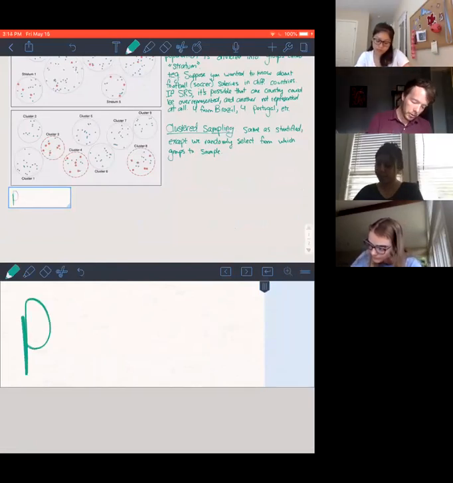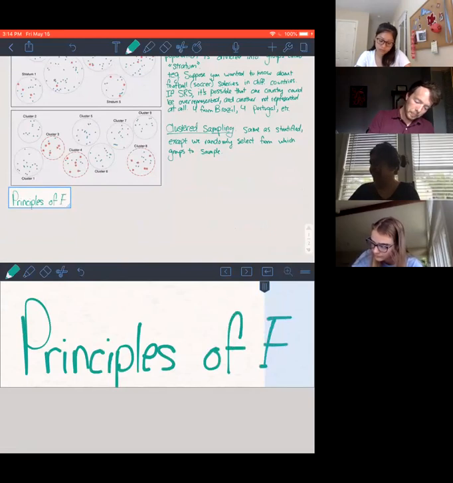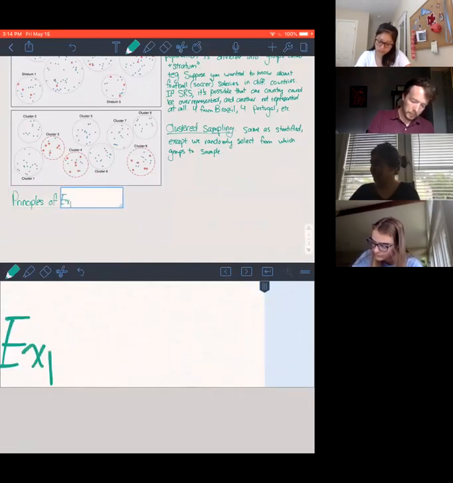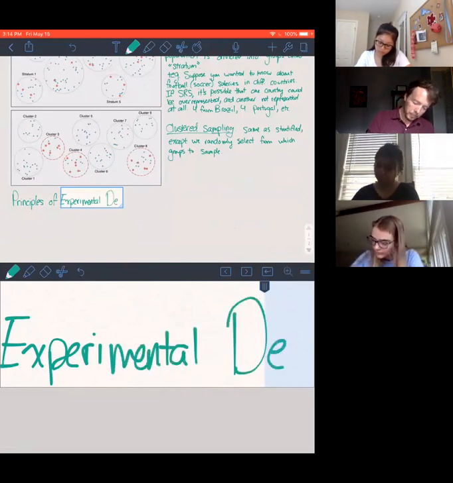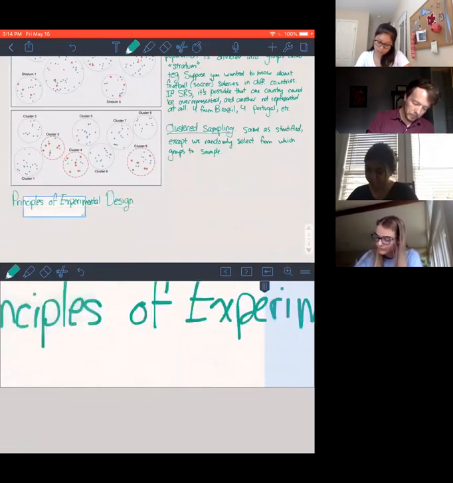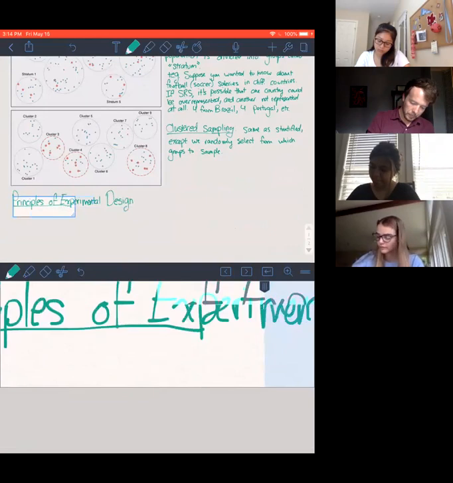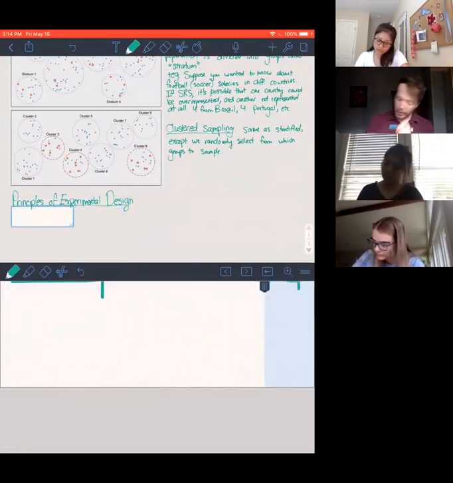This section is called Principles of Experimental Design. And there are 3 of them.